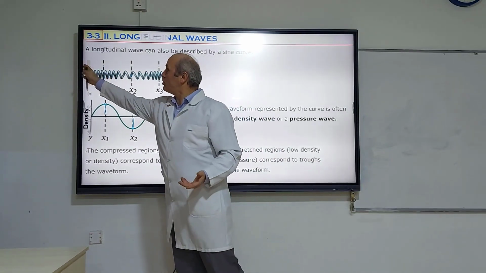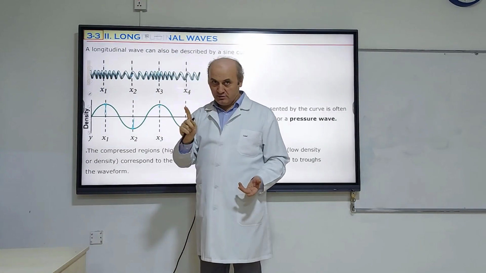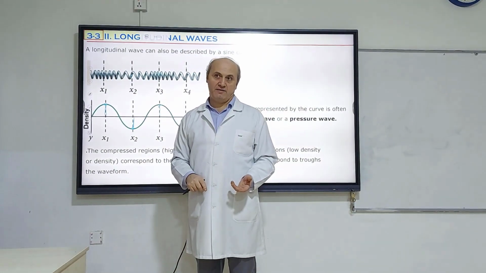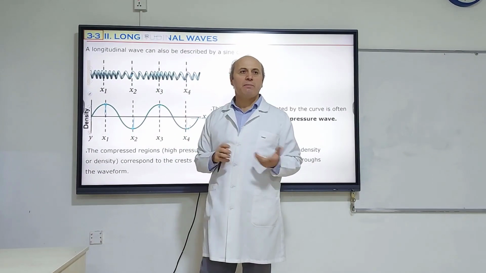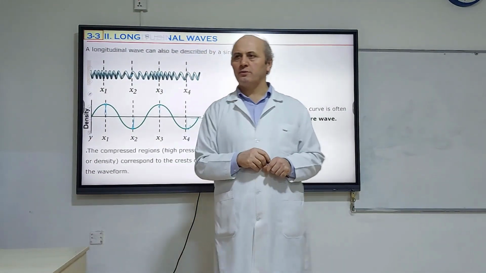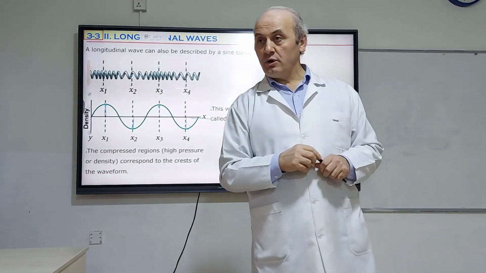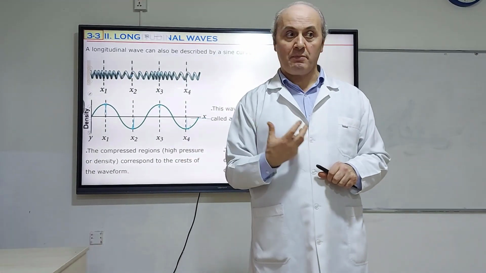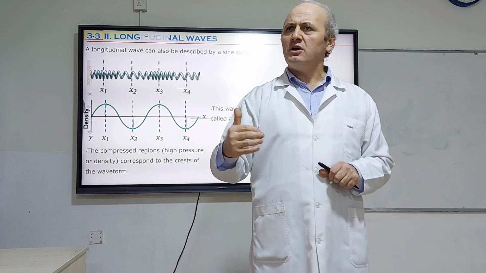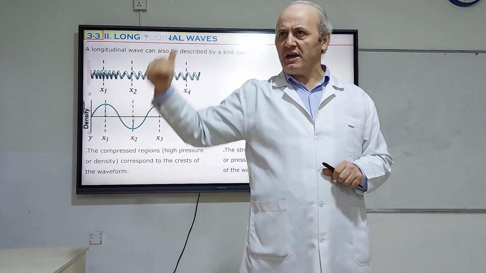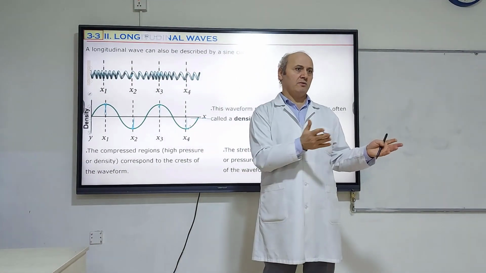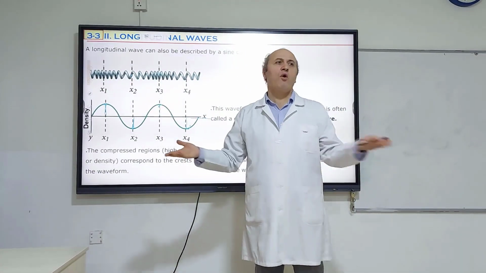And because the source is vibrating in simple harmonic motion, this waveform is also a sine wave. That is, being a sine wave is not about the type of wave, it's about the source. If the wave source is vibrating with simple harmonic motion, whether transverse or longitudinal, both can form sine waves. Some students were asking about that.